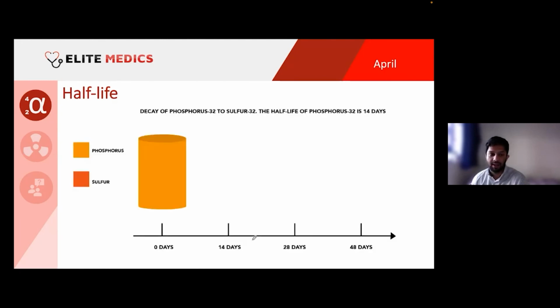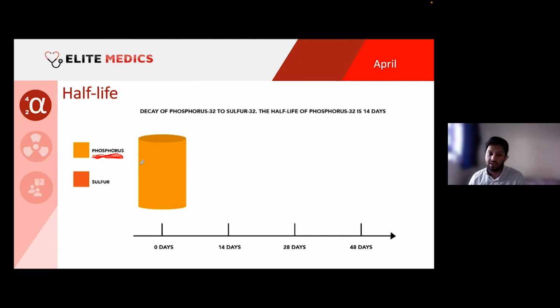So half-life. Let's have a look at this. This is phosphorus. Phosphorus, remember, is one of the elements on the periodic table, and we can get radioactive isotopes of phosphorus. So what happens when we have a radioactive isotope of phosphorus?